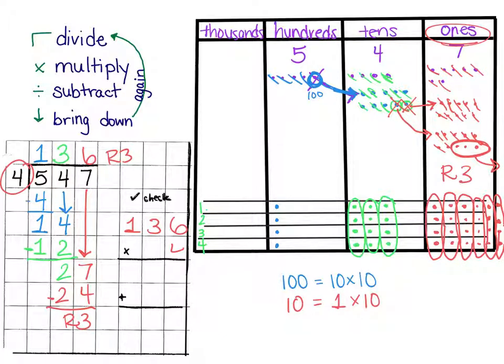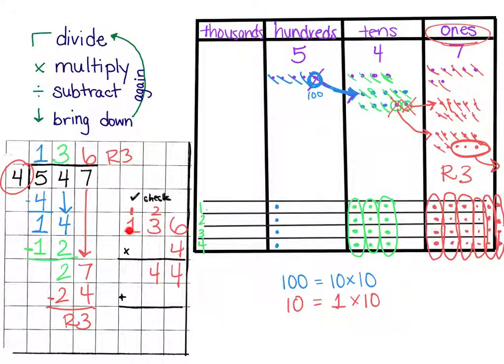So, 6 times 4 is 24. Put the 2 on top, the 4 underneath. 3 times 4 is 12, plus the 2. So 12, 13, 14. 4, and then we carry the 1.